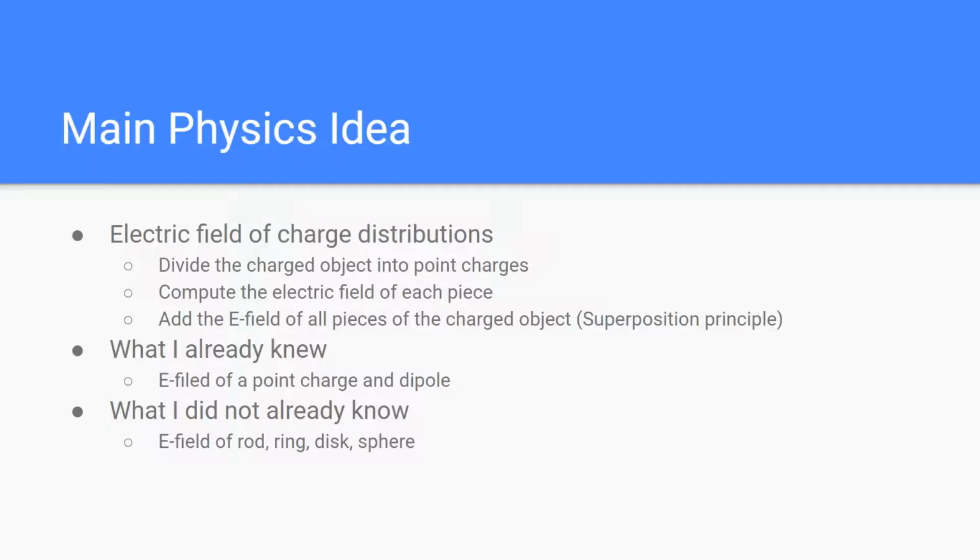For example, if a point charge is placed on the symmetry plane of a charged rod, the field is going to point away from the rod in the perpendicular direction if it's a positively charged rod, and it will point towards the rod if it's a negatively charged rod.